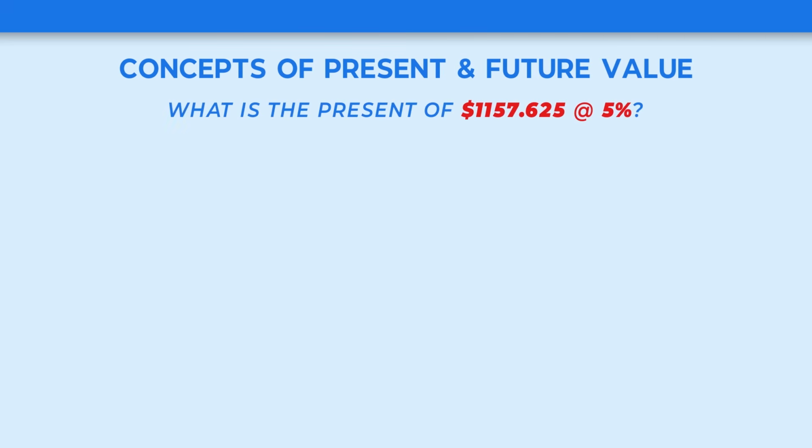So what is the present value of an amount 1157.625 if it had grown at a rate of 5%? So the answer is $1,000, which means from the future value of 3 years in future, we can come to the present value, which is $1,000 at the present time by using an interest rate at which it is expected to grow.